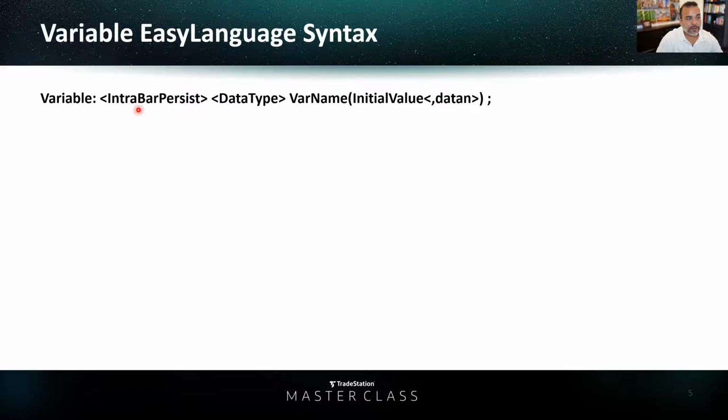Then whether the variable is intrabar persist, the type of data that the variable is going to store, the variable name, the initial value, and the data number if you want to reference it in here. Now, these are all optional typing of the variable. Are they required when you write Easylanguage?